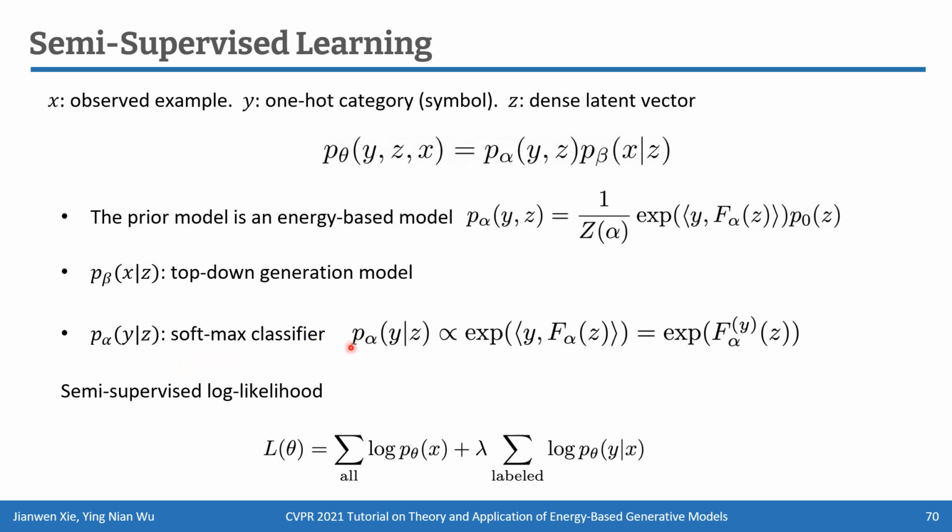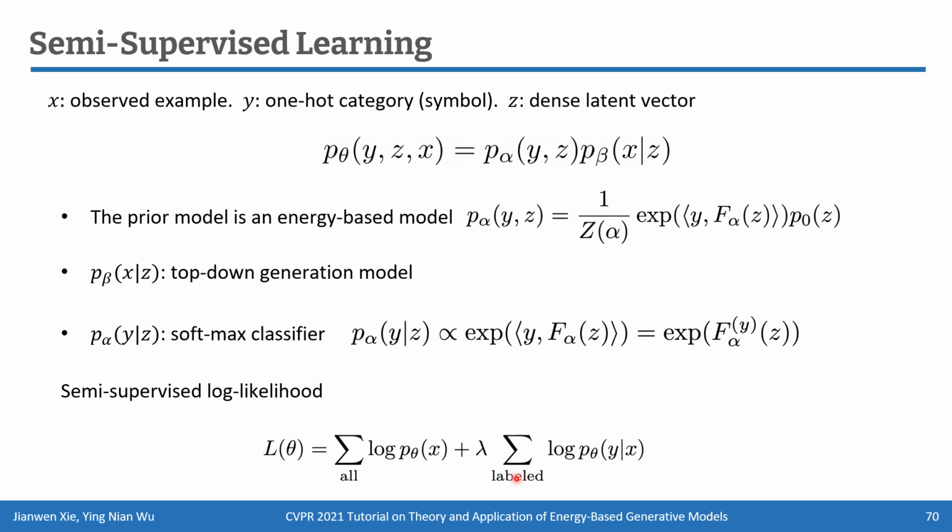So that is, we learn a classifier in the latent space, the regular softmax classifier, where supposedly Z should extract all the information in X that is relevant to the classification, to the class label or category Y. And in fact, we can learn this model unsupervised. So that is, we don't need Y. We can sum out this Y, and we can continue to use this log likelihood to learn all those models.